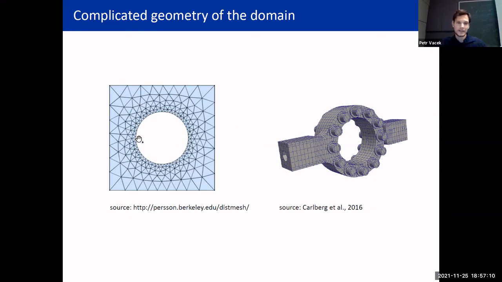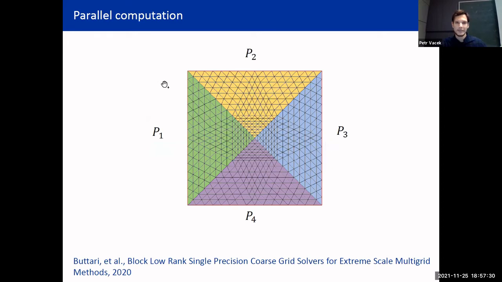For example, if we try to gradually coarsen this mesh, the circle would be approximated by polygons with fewer and fewer edges, and eventually we would lose some information about the geometry of the problem. Another example where it is not advisable to have really coarse grids is when we are using parallel computations.